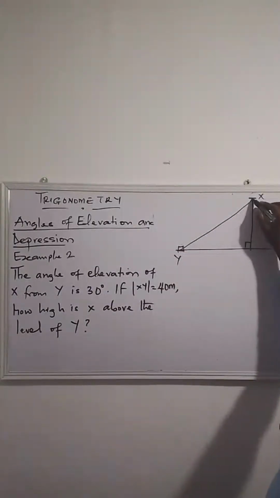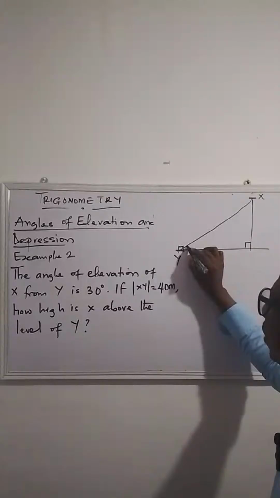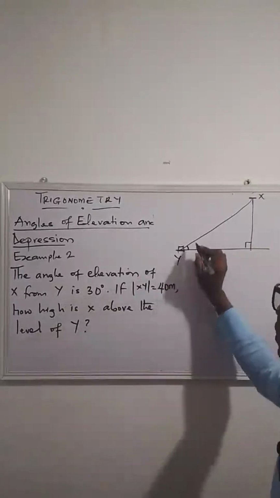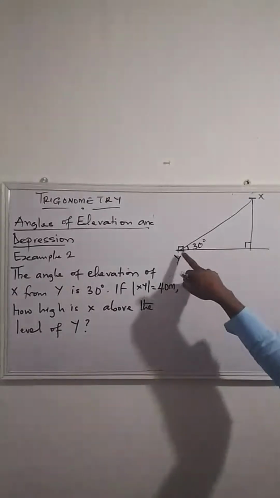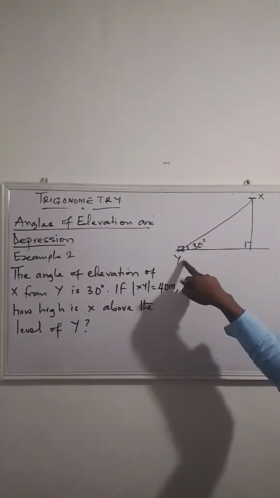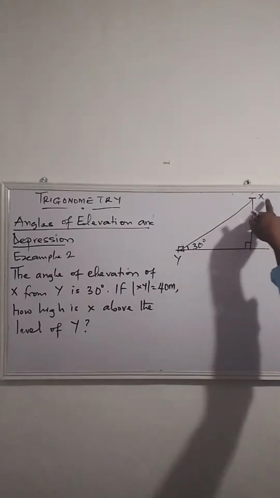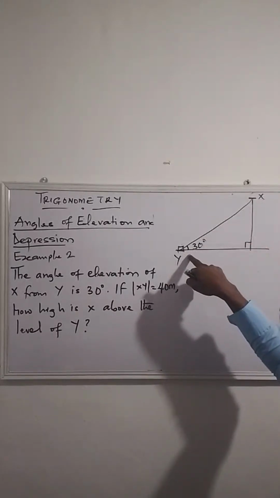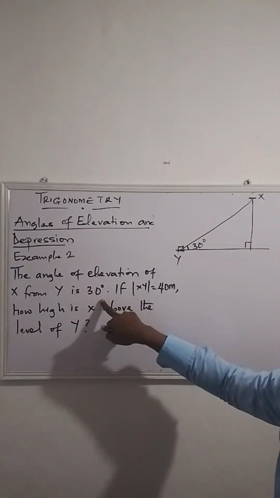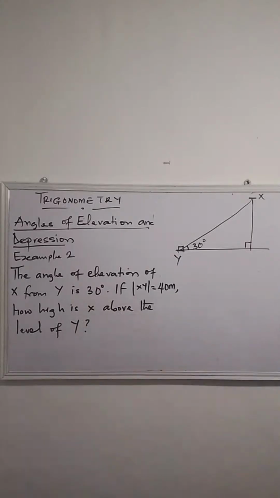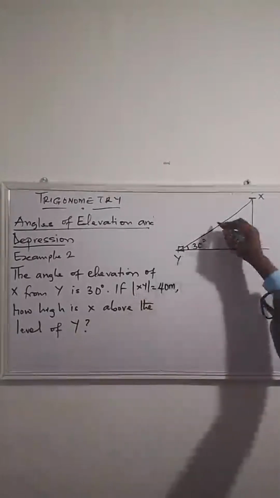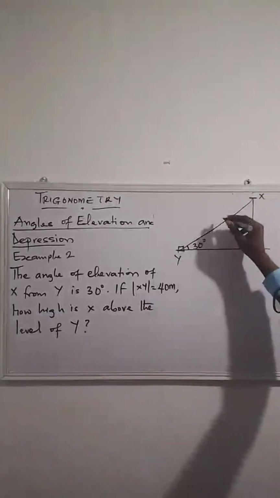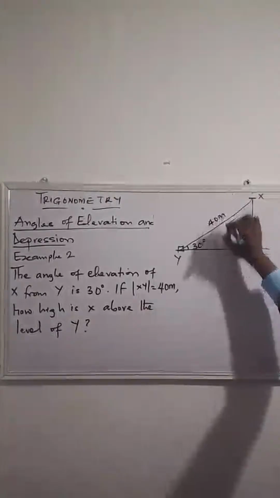So now the angle of elevation, the observer must have raised his head by 30 degrees. Now look at this diagram. The angle of elevation of this x from this y is 30 degrees. Hope you understand that. Now if length xy is 40, from here to this is 40 meters.